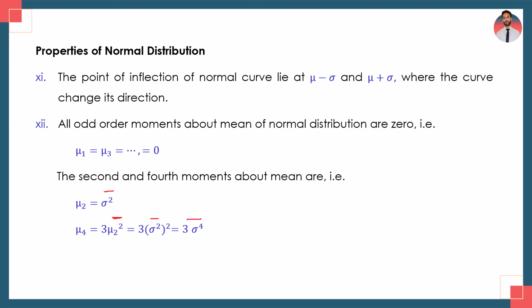So the second moment is always equal to variance, and the fourth moment is 3 times sigma power 4. These are the two properties, the 11th and 12th, of the normal distribution.